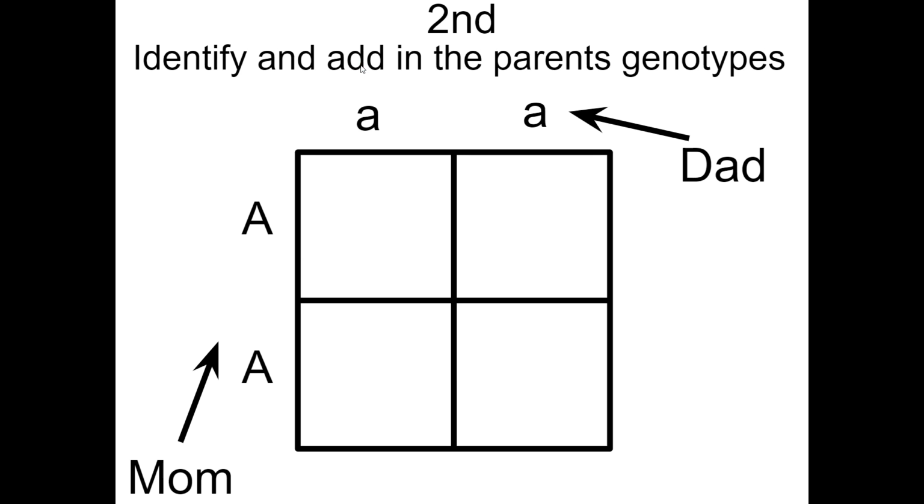Again, homozygous meaning same. Recessive dad, lowercase a, lowercase a. Mom is homozygous dominant, so that's capital A, capital A.